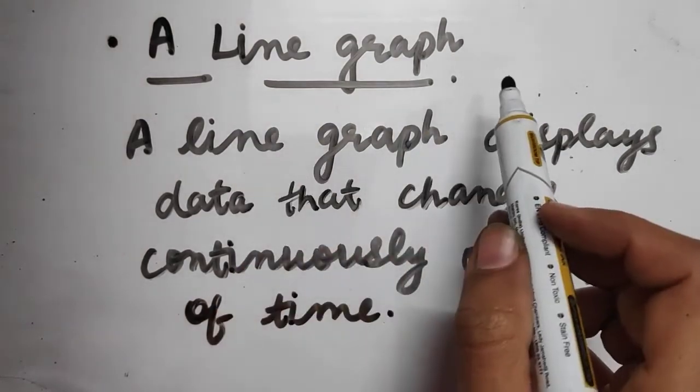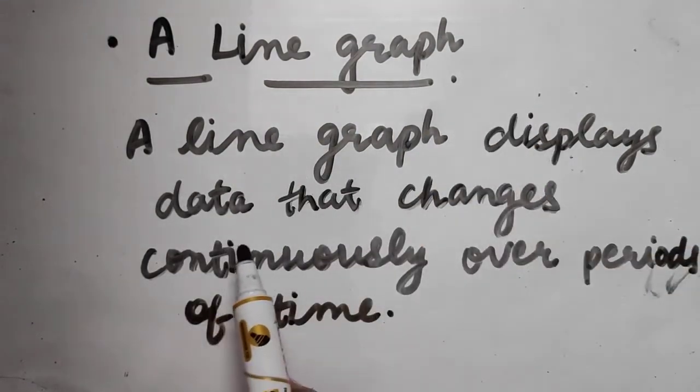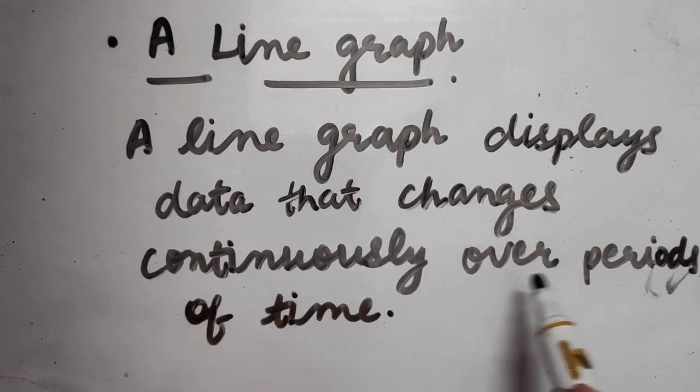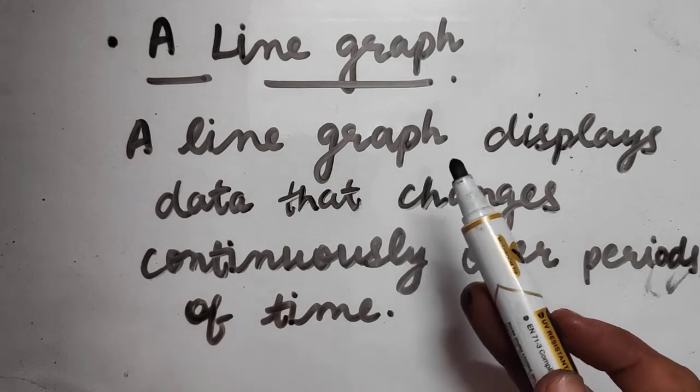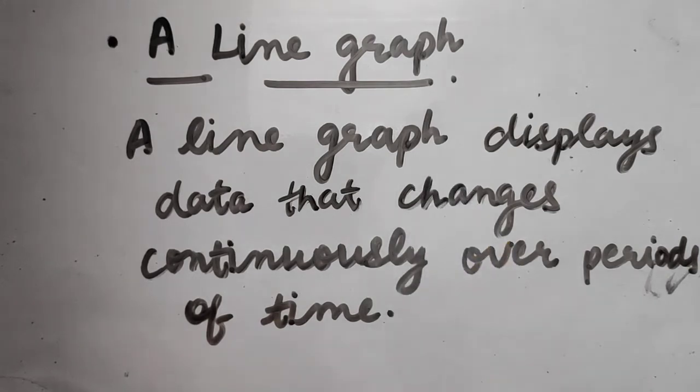So the definition of line graph is: a line graph displays data that changes continuously over periods of time. I will be explaining this line graph with the help of an example.